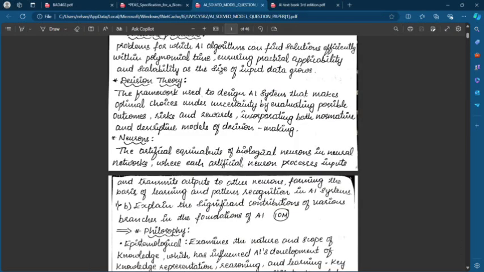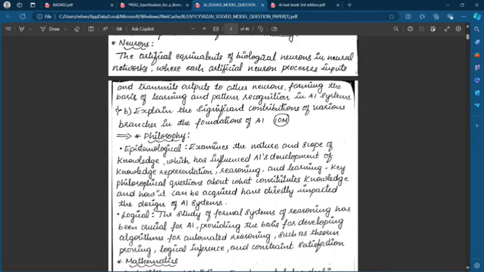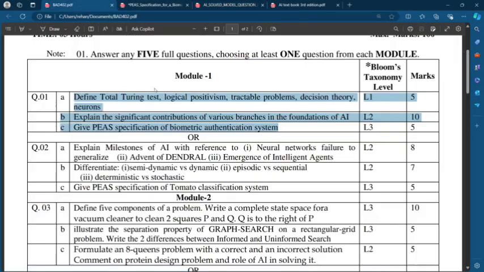Same thing they are saying: processes inputs and transmits output to other neurons, forming the basis of learning and pattern recognition in AI systems. Okay, that was the first question.